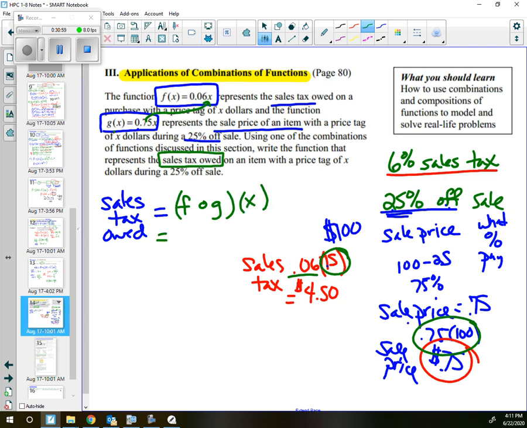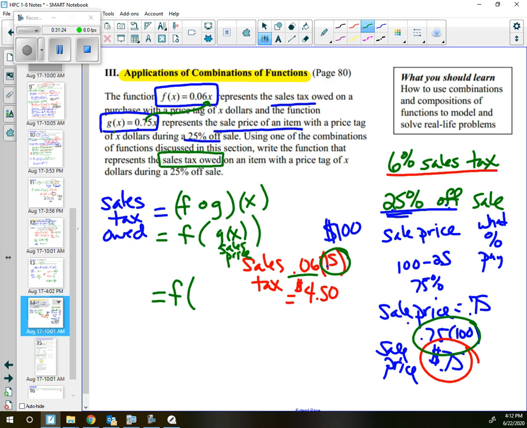Because I would be taking F of G of X, so I would calculate my price first, right? So I'd be getting my sales price first, and then taking that answer and calculating the tax owed. So F composed with G would be a way to be able to calculate what that value is. And let's just see when we do that function with these, if that actually checks out.